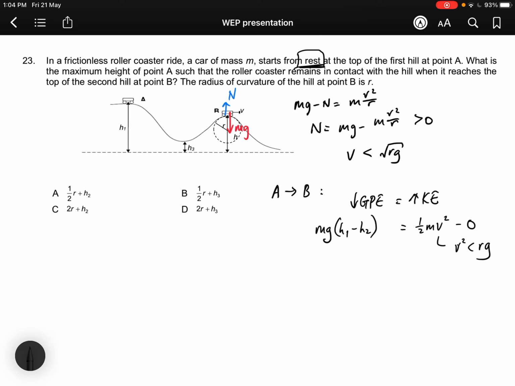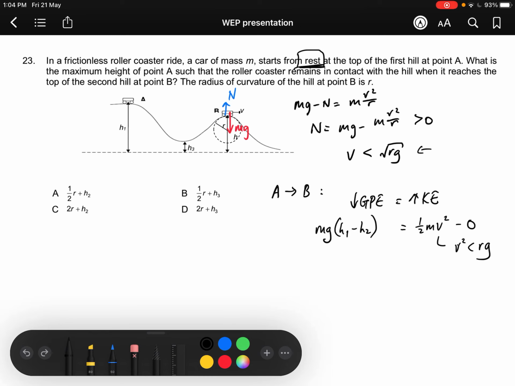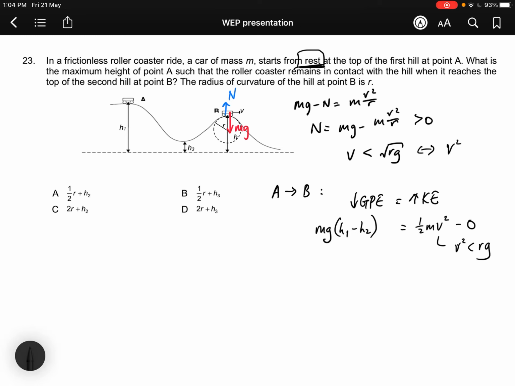And here, since the right hand side, v square, sorry, let me just write out here, v square has to be lesser than rg. So in this equation, m and m cancel out. v square is actually equal to 2g(h1 minus h2), and it has to be smaller than rg.